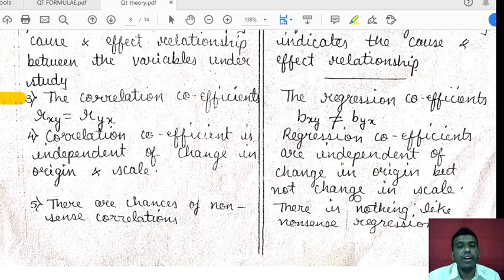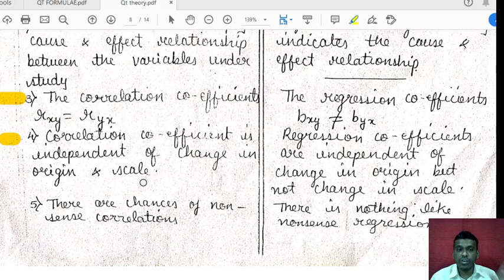The regression coefficient of y on x and of x on y are two different things. Then the fourth point: the correlation coefficient is independent of a change in origin and scale. We have seen problems on this.